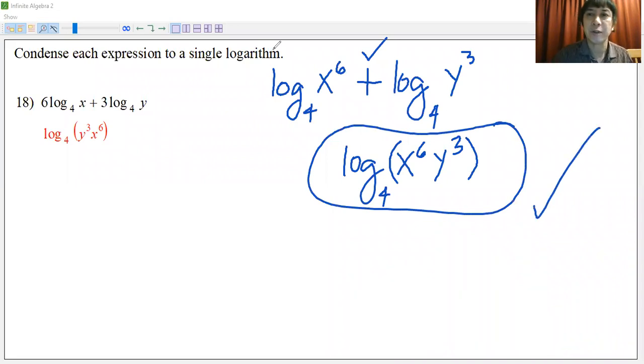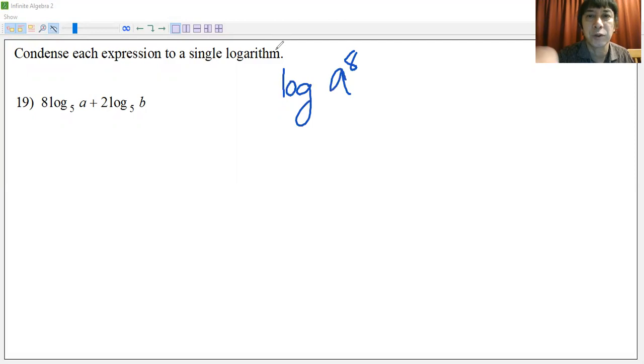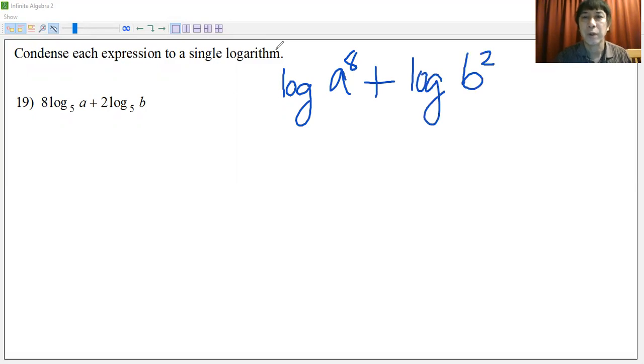Number 19, let's have number 19. Here's number 19: 8 times logarithm of a plus 2 times logarithm of b. We'll have to condense it. You can start right away as logarithm of a to the 8 plus logarithm of b squared, and these are both base 5.